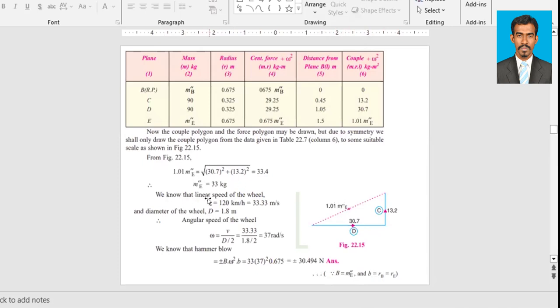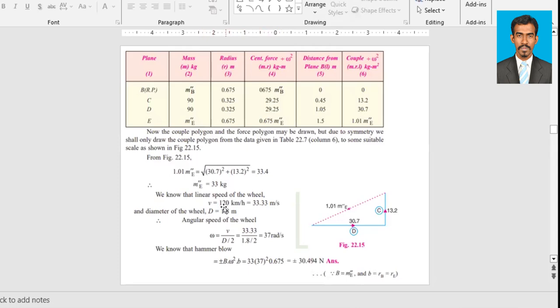We know that the linear speed of the wheel is given as 120 kilometer per hour, right? From kilometer per hour, we will convert it to meter per second, because the radius of the wheel is given in meter. Either we have to convert this one to kilometer or that one to meter.